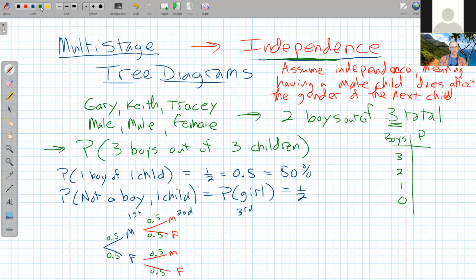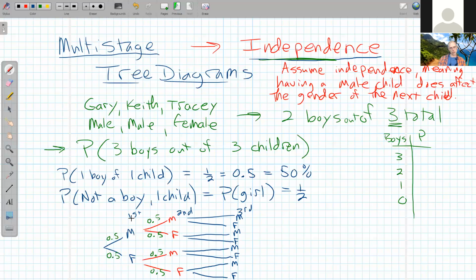And then we go again. The third child could either be a male or a female from that first line. In the second line here, could be a male or a female. It's getting tight here. Down here, could have a male or a female, just going to have enough room. And down here could be a male or a female. Then think about our rule for counting we talked about.